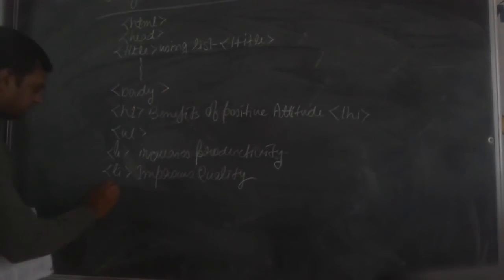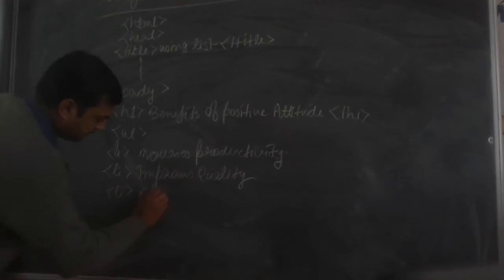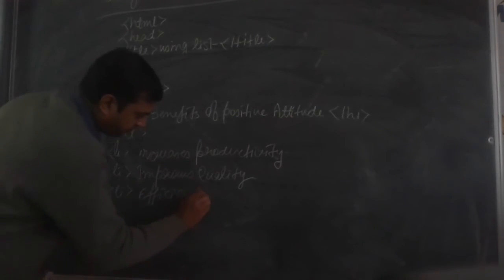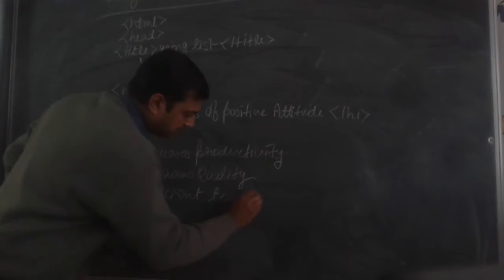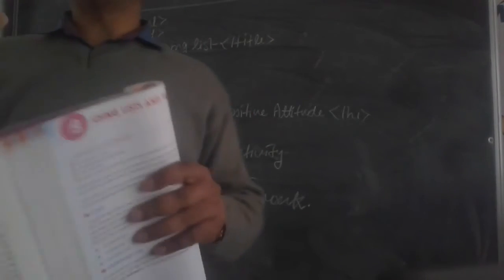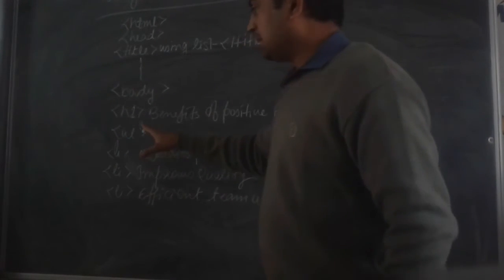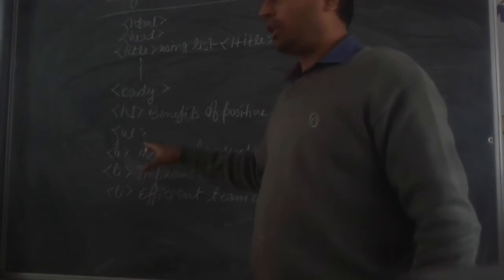And the next is Li efficient team work. So whatever the values we are giving in Li, that will be in the listed form of UL, unordered list.